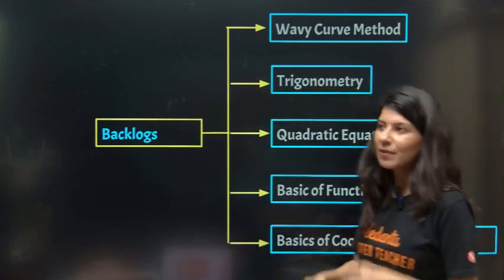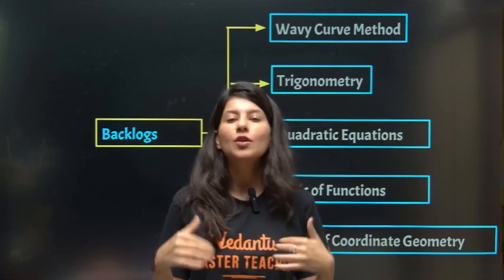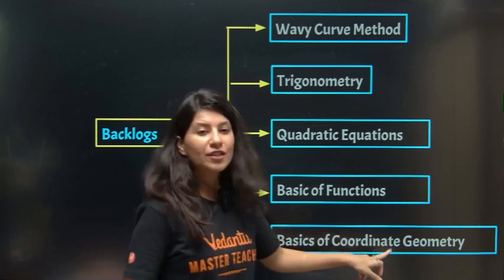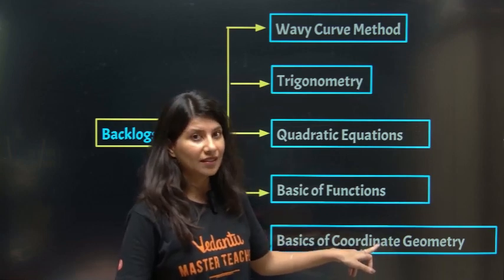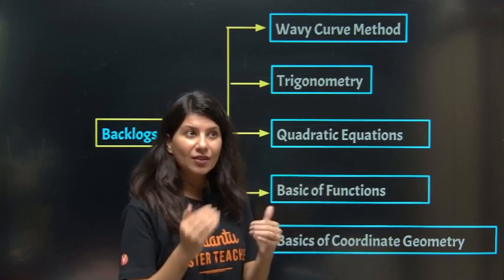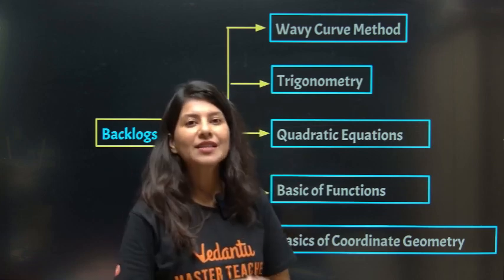Without these 5 chapters, we all know that your class 12th will be ruined, you'll be frustrated, you'll be irritated, okay? Because basics of coordinate geometry is a prerequisite chapter for your vector and 3D, correct? Basics of function is the basis for the functions chapter, but calculus as well, okay?